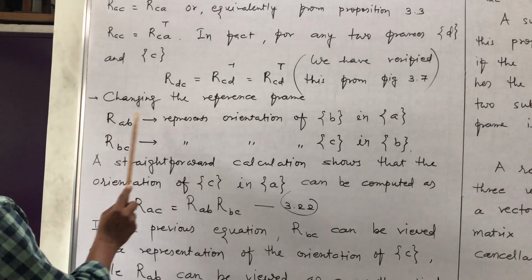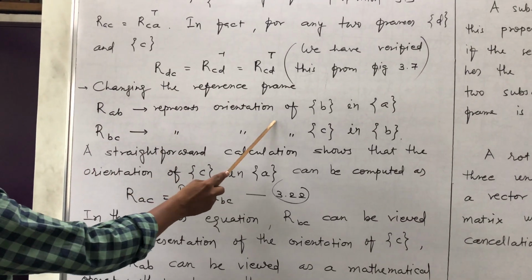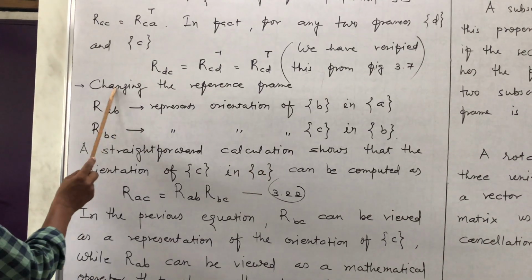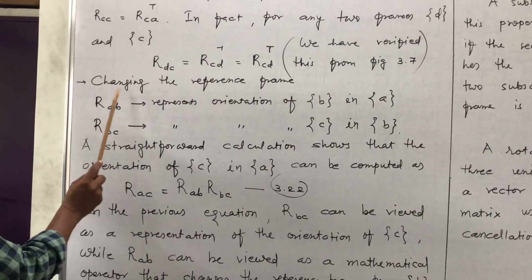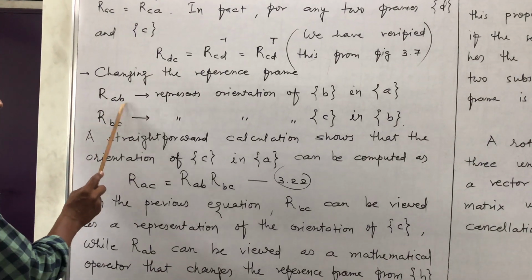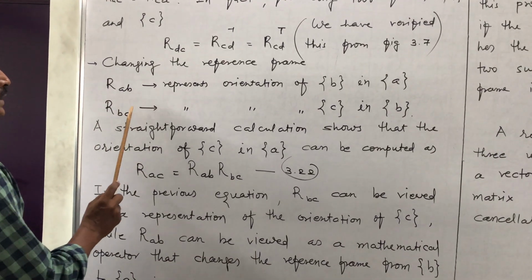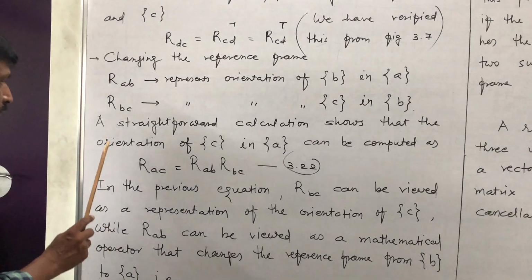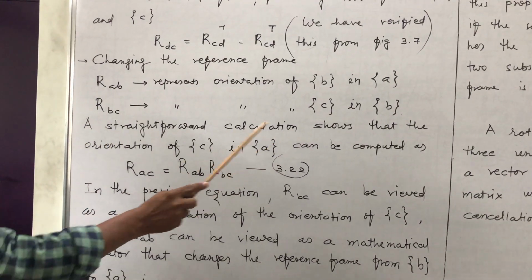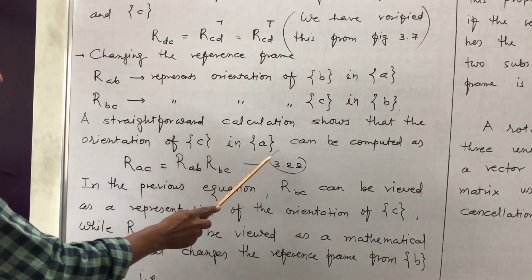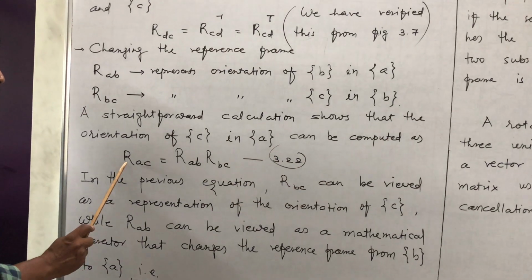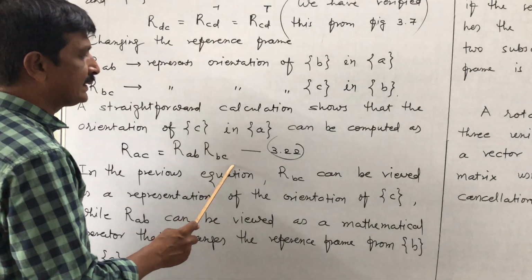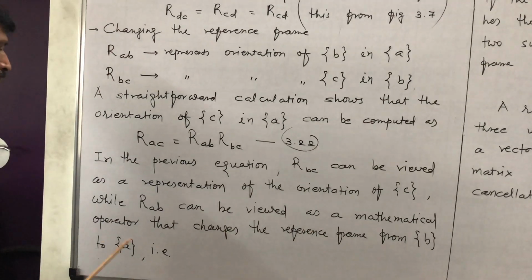Changing the reference frame: RAB represents the orientation of B in A. Memorize the symbol: RAB stands for the orientation of B in A, and RBC stands for the orientation of C in B. A straightforward calculation shows that the orientation of C in A can be computed as RAC equals RAB into RBC, equation 3.22.